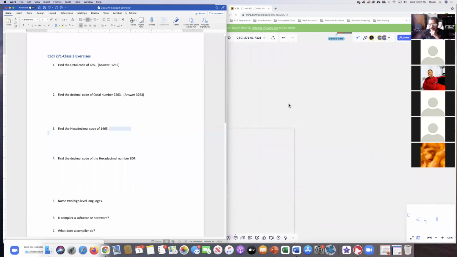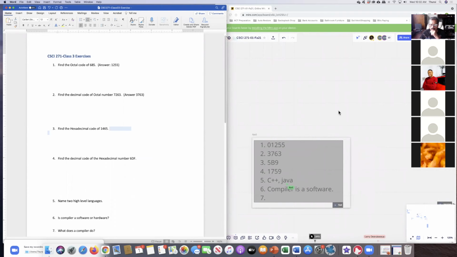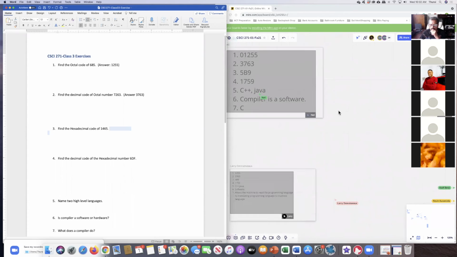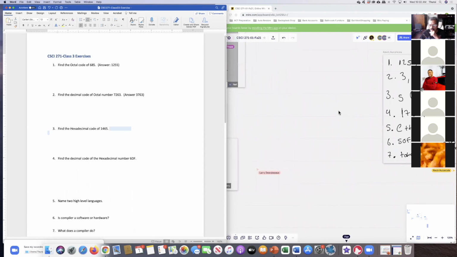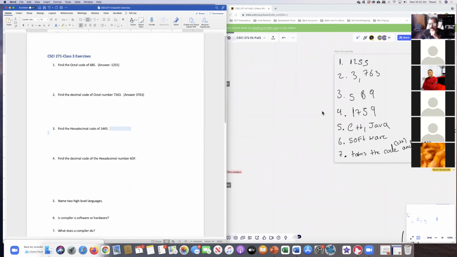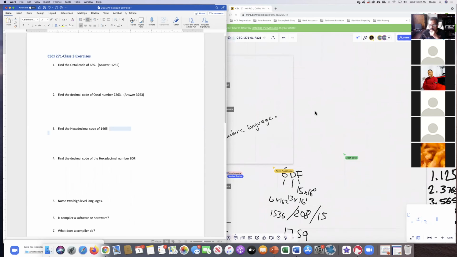But we don't have number 3. Neil has all 4 of them right. I'm only checking 4. Larry has 4 of them right. Kevin has 4 of them right. First 4.